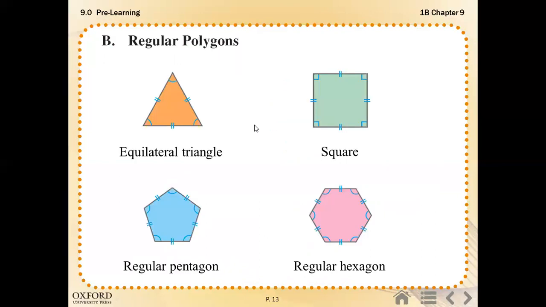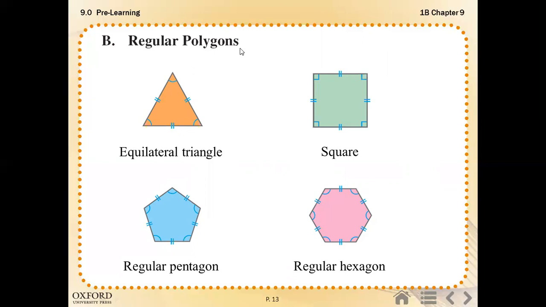Okay, the last one is regular polygons. Girls, can you tell the definition of regular polygons? What kind of polygons do we call regular? Let's study the following figures, or you may guess from these figures.